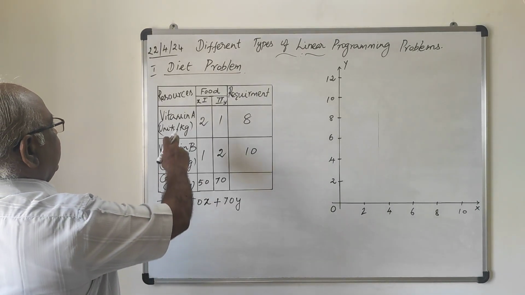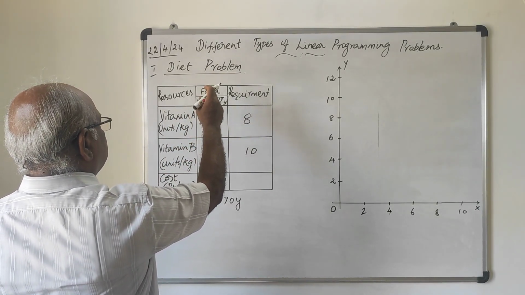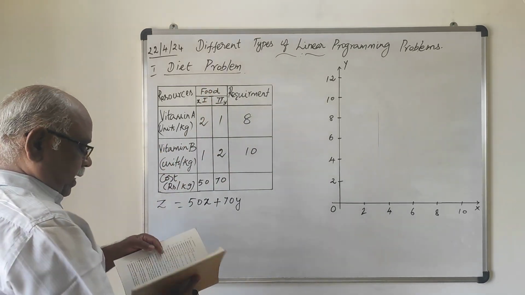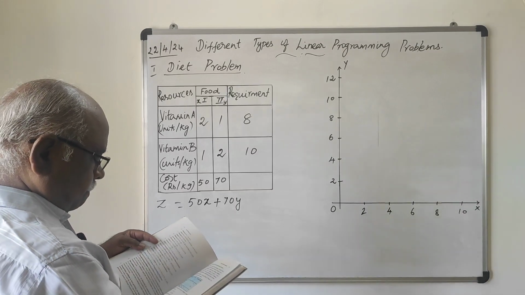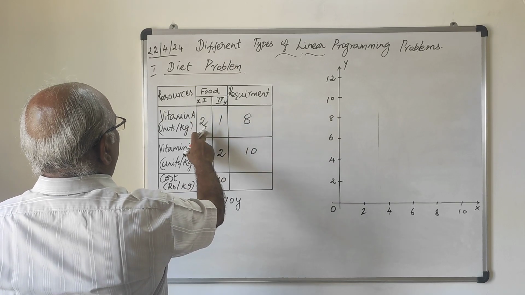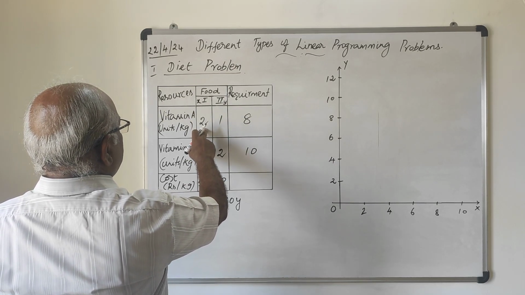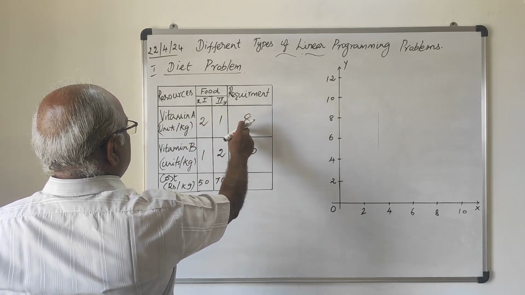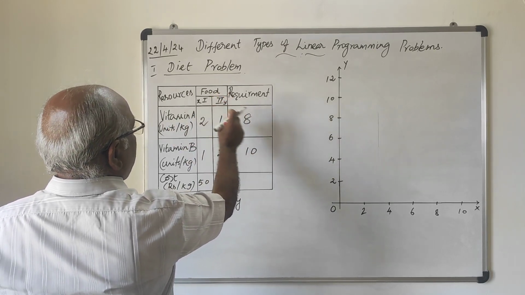For the vitamin A constraint, the first case is 2X plus Y is greater than or equal to 8, because we want at least 8 units per kg.